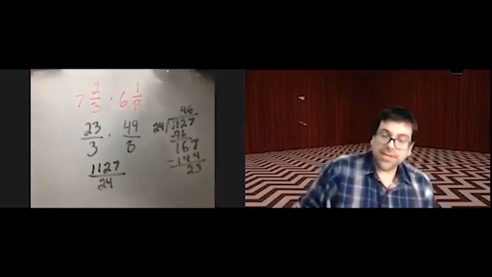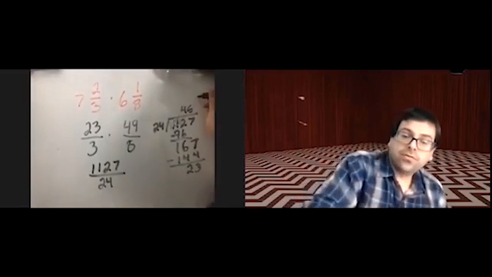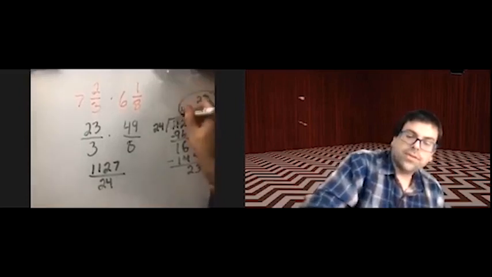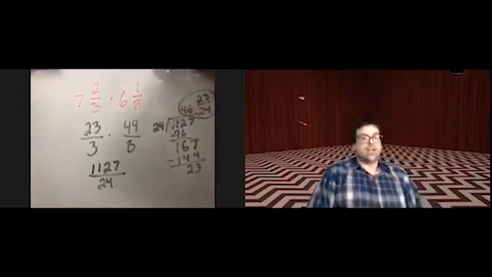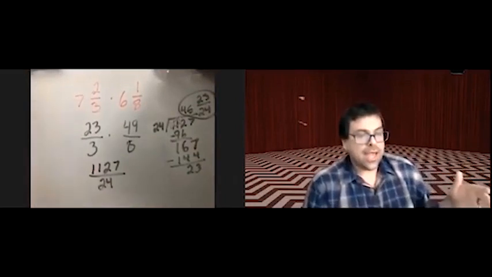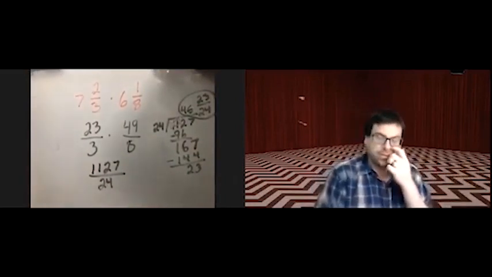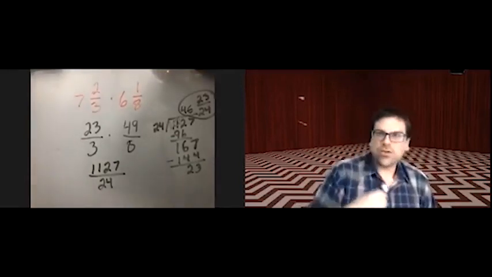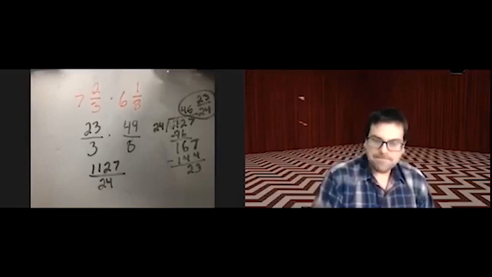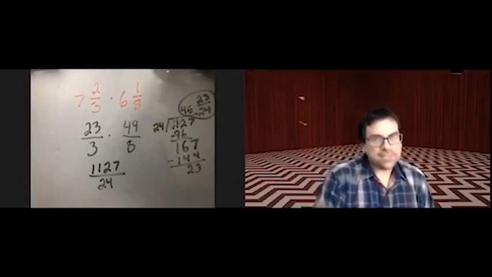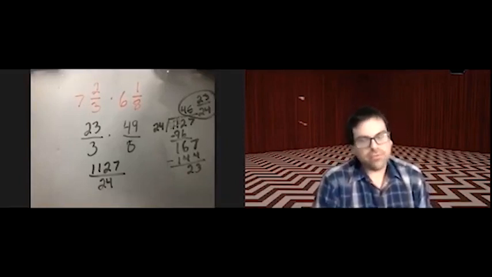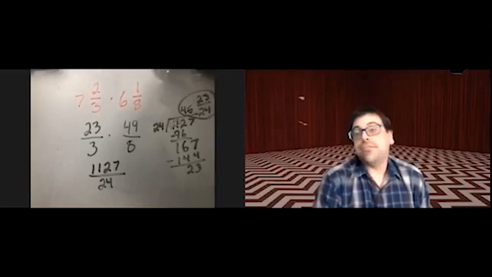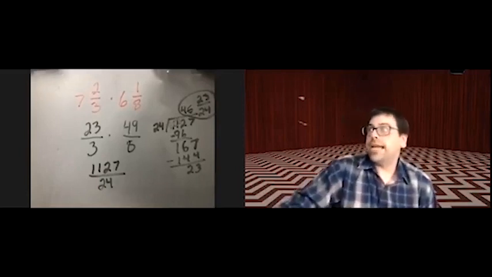We have nothing else to bring down, so that's our remainder. 46 and 23/24 is the answer, not 42 and 1/12. 46 and 23/24. This time, the correct way is actually closer to the estimation. But it's not meant to see which answer is correct. It's meant to make sure that we're in the ballpark. And 46 and 23/24 is definitely in the ballpark of 48.